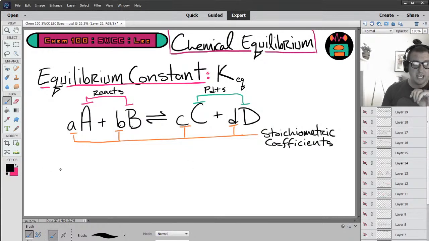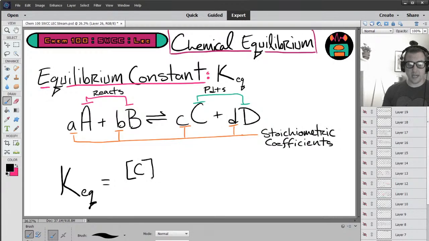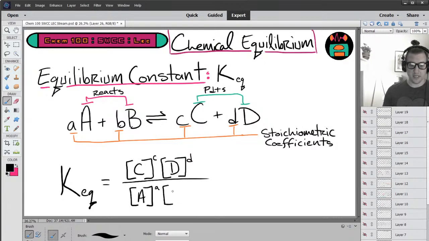All right, now the expression for the equilibrium constant is K equals the molarity of C raised to the power of C times the molarity of D raised to the power of D, over the molarity of A raised to the power of A times the molarity of B raised to the power of B. So you can see that your stoichiometric coefficients in the balanced chemical equation become the exponents.